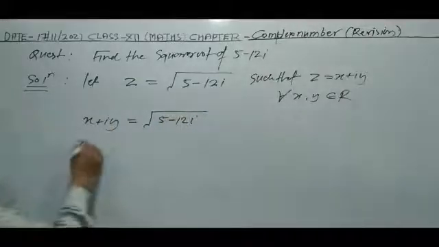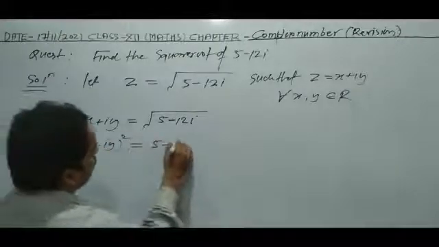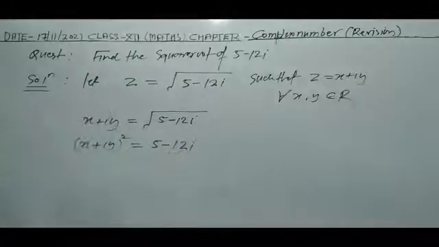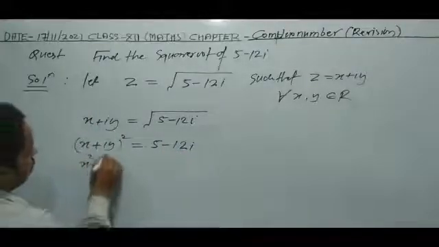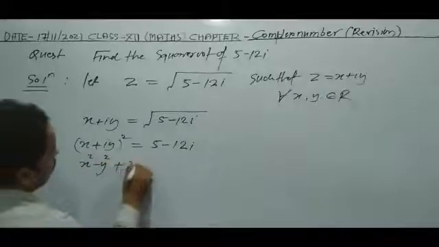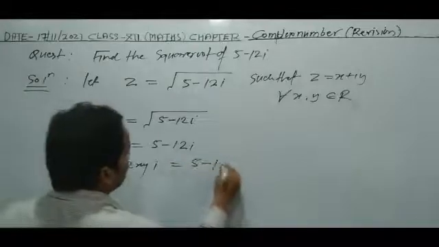Now squaring both sides, so the result will be x square minus y square plus 2xyi is equal to 5 minus 12i.